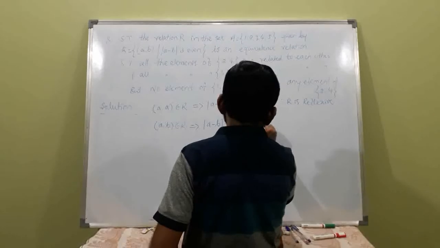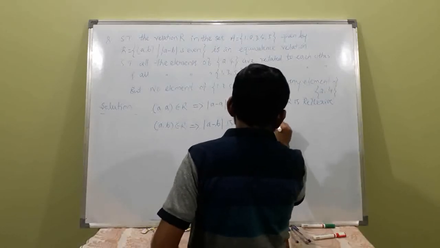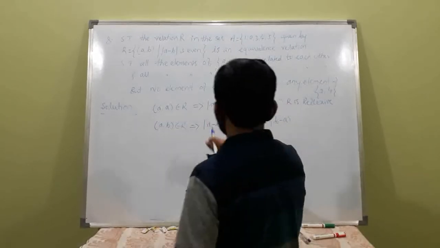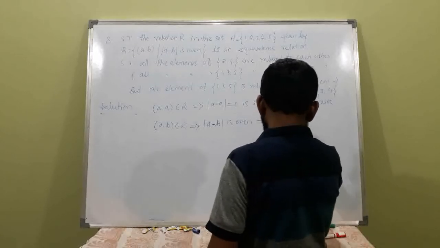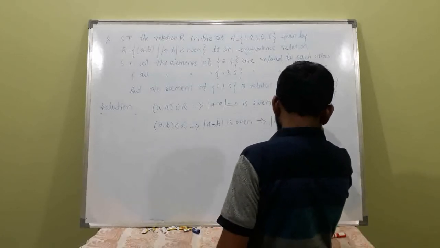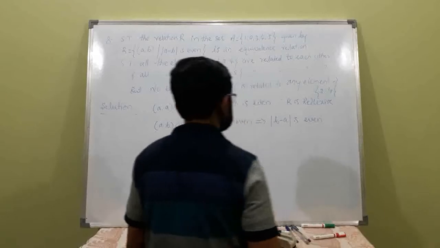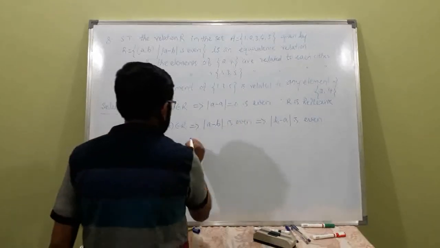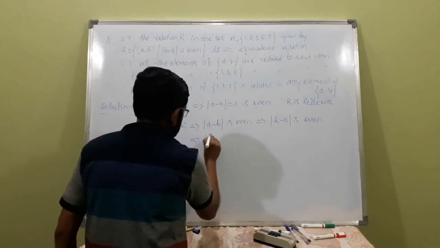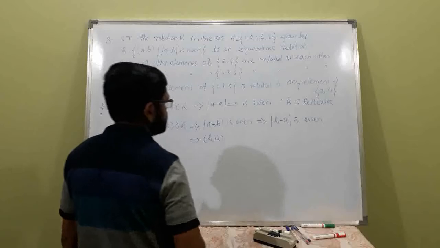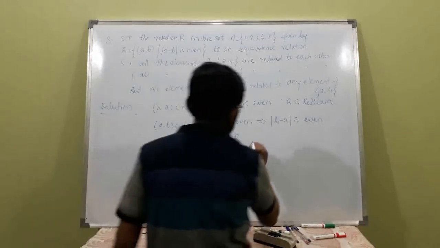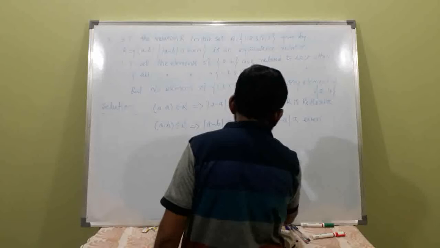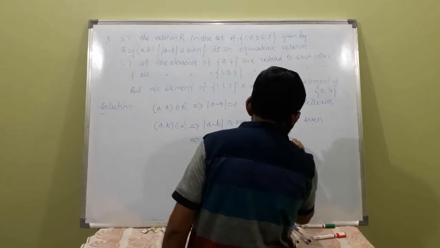This implies modulus of B minus A is even, if you take the negative sign. This is also even. B minus A means BA belongs to R. Therefore, R is symmetric.